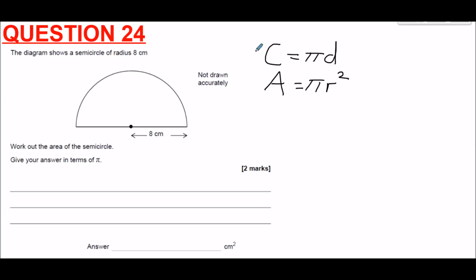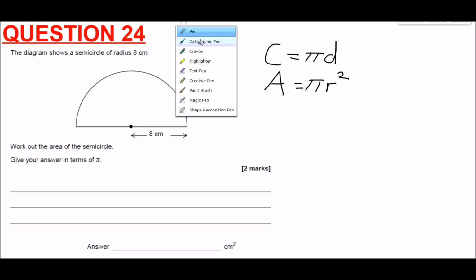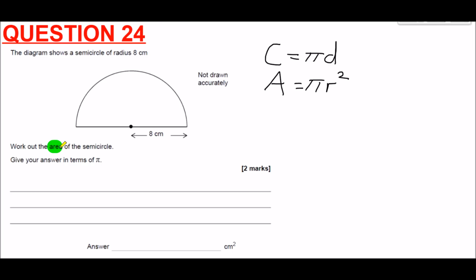That's my silly way of remembering the formula for the circumference of a circle and the area of a circle. So for this question, because we're after the area of a semicircle, I'll come to a semicircle in a second, we're going to use this formula here. Area of a circle is pi times r squared. A semicircle means half of a circle.